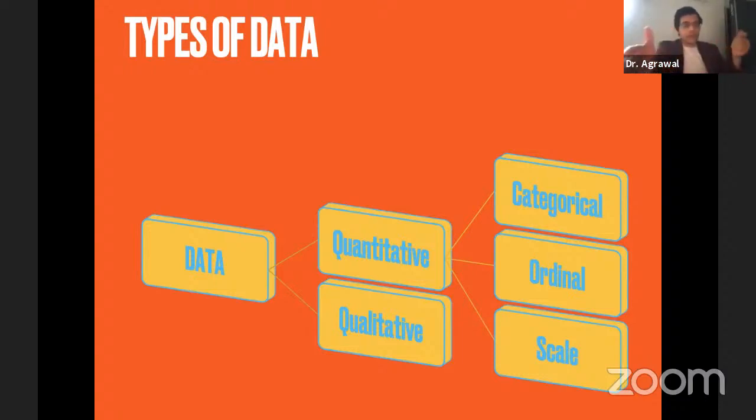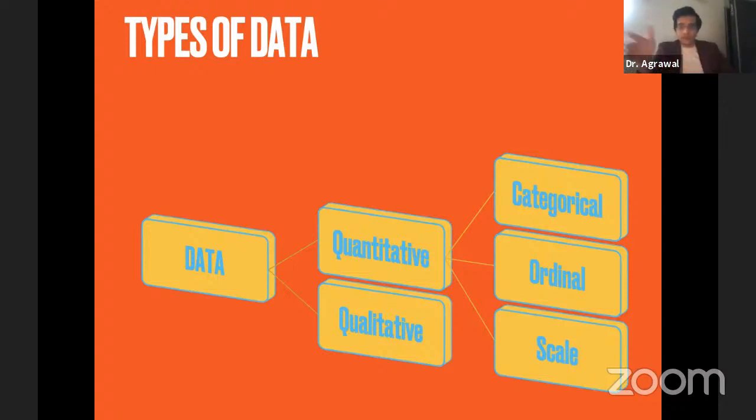So if you have someone complaining of pain, and you have a scale of 1 to 9, a 6 is more than a 5, but a yes is not more than a no, or a no is not more than a yes, right? Or if a person is male or female, then a female is not more than a male, or a male is not more than a female, right? So that's called categorical. But ordinal is when there is a particular order to things.